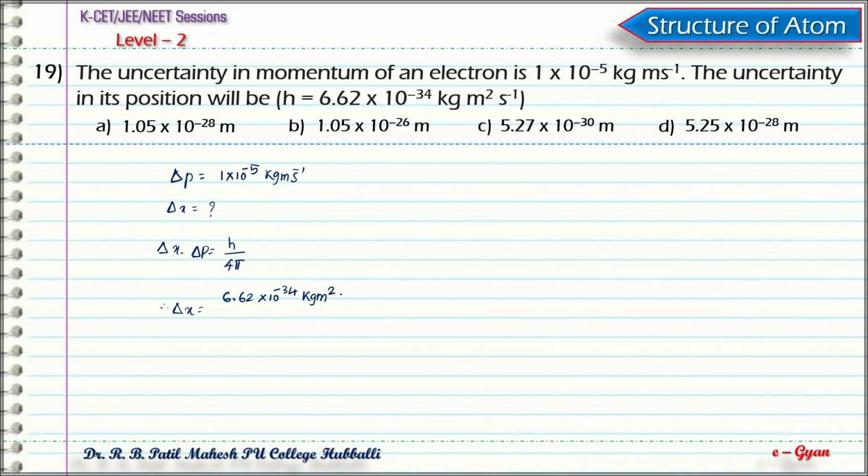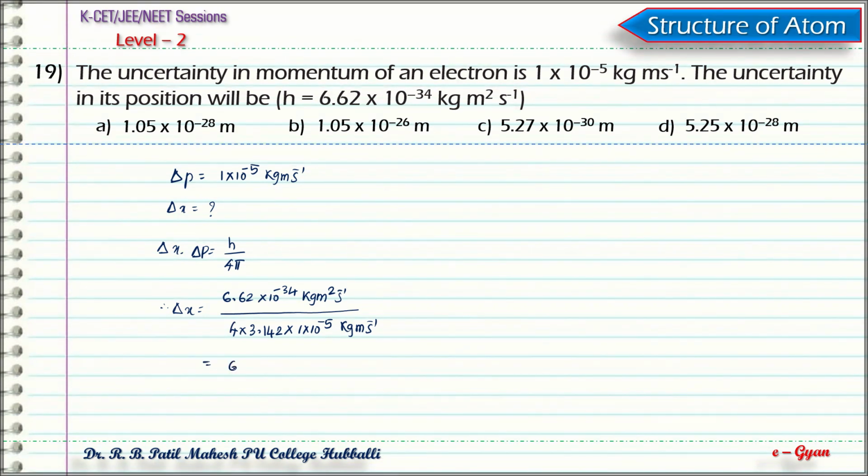kg meter square per second divided by 4 into 3.142, because pi is 3.142, into delta P value, which is given as 1 into 10 to the power minus 5 kg meter per second.